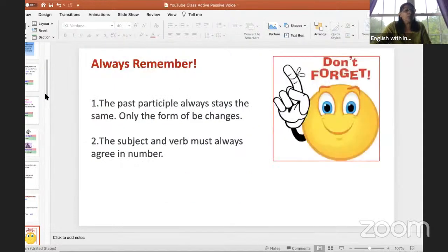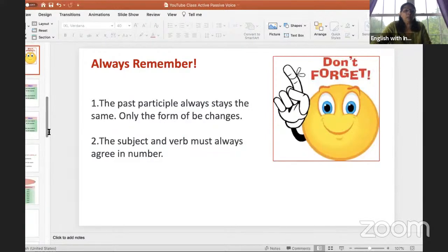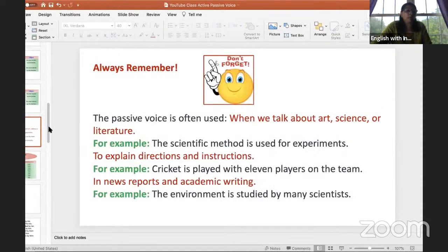Now I want you to remember, do not forget, the past participle always stays the same, only the form of to be changes. The subject and the verb must always agree in number, right? So if it's singular or plural, you also need to keep that in mind.